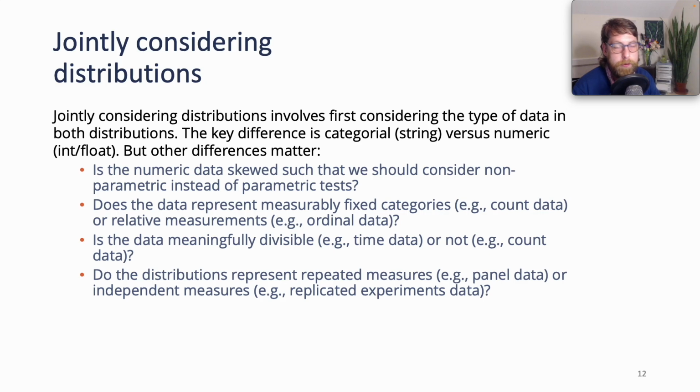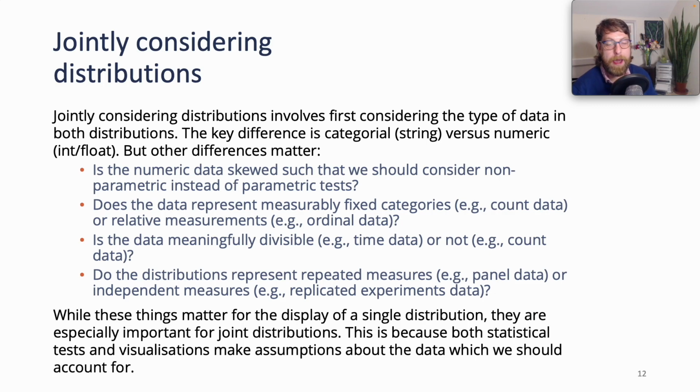Now, we might want to think, do the distributions that we're trying to correlate represent repeated measures or independent measures? So in that case, we can think of, are we looking at the change from one time to another? Or are we looking at two different populations and how likely they are to, say, respond to some stimuli?